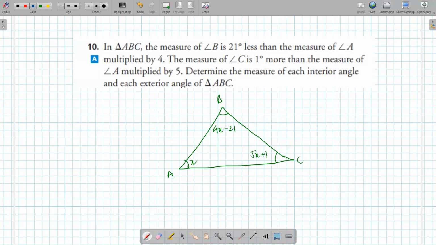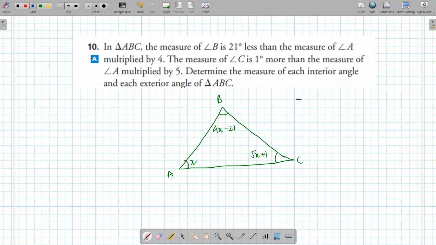How do we find x? What do the angles in a triangle add up to? 180.